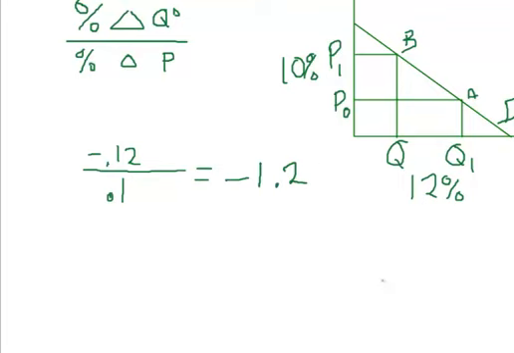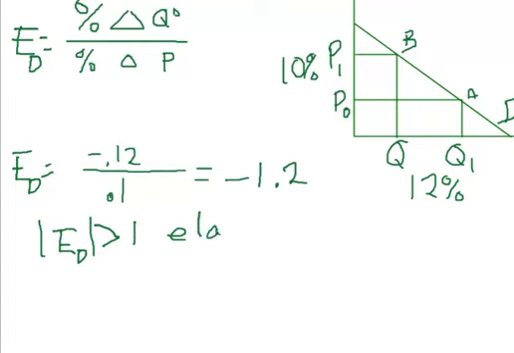And in this case, I'm going to put E to stand for the elasticity. In fact, let's put a little d to stand for the elasticity of demand. And so in this case, since the absolute value of the elasticity of demand is greater than 1, it is elastic.